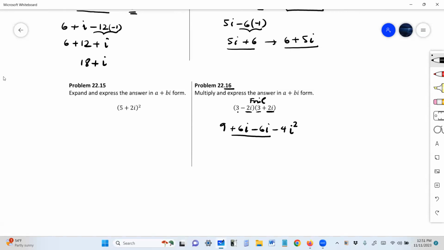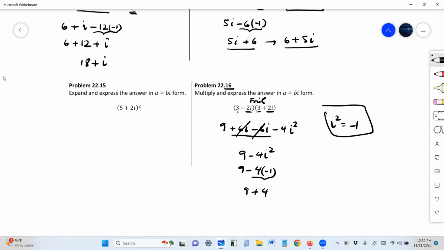Look what happens here. Positive 6i and negative 6i both cancel. I'm left with 9 minus 4i squared. And again, I see i squared. I have to make the substitution. So this is going to be 9 minus 4 times minus 1. 9 plus 4, which is 13. Okay.